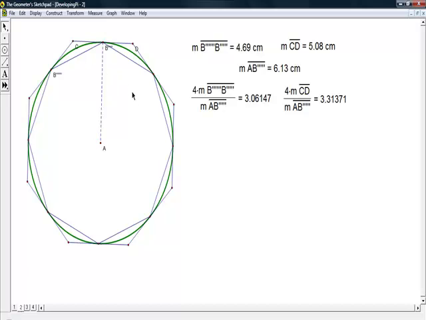I did the same exact thing: I found half the perimeter of the inside octagon and divided it by AB, which was 3.06 and so on. Same thing for half the perimeter of the outside octagon divided by AB, that's 3.31. So right now it's a better approximation. I know pi is somewhere in between 3.06 and 3.31.